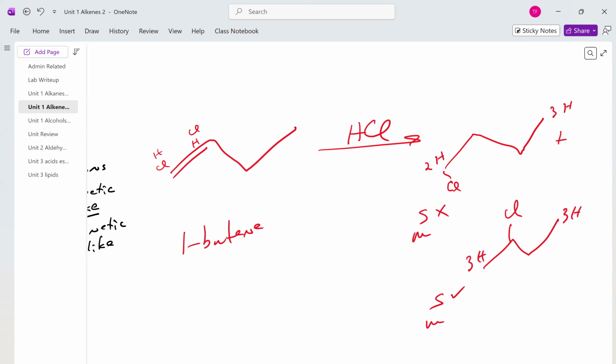So Markovnikov, 6 versus 5. So Markovnikov wins on that one too. And this would be 1-chlorobutane. This would be 2-chlorobutane.